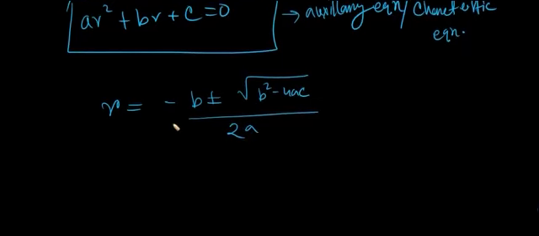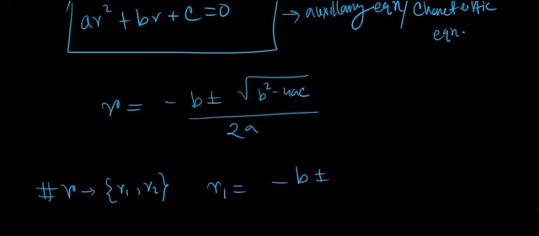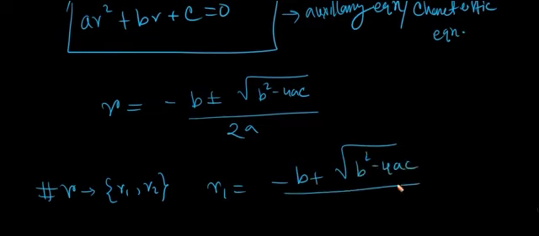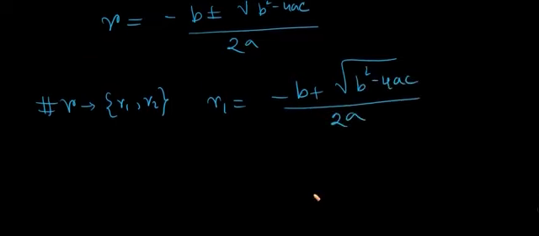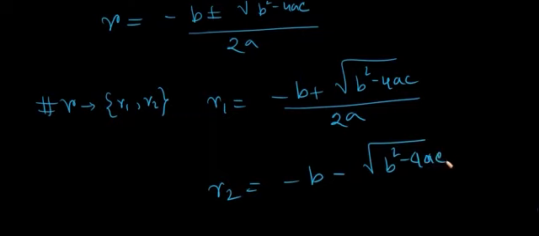So you can see that I have two roots for r, that is, r1 and r2. Let's call r1 as minus b plus the square root of b squared minus 4ac, divided by 2a, and r2 as minus b minus the square root of b squared minus 4ac, divided by 2a.